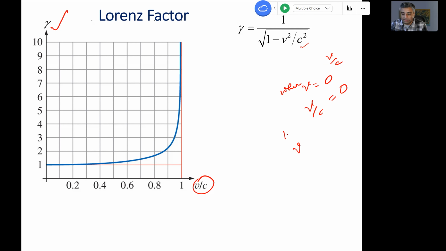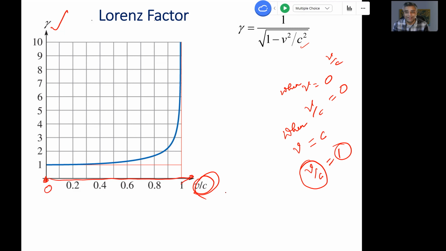And when v is equal to c, v over c is 1, and nothing can move faster than the speed of light, which means the maximum value of v over c is going to be 1. So that's why this plot starts from 0 and goes up to 1 of v over c, okay?